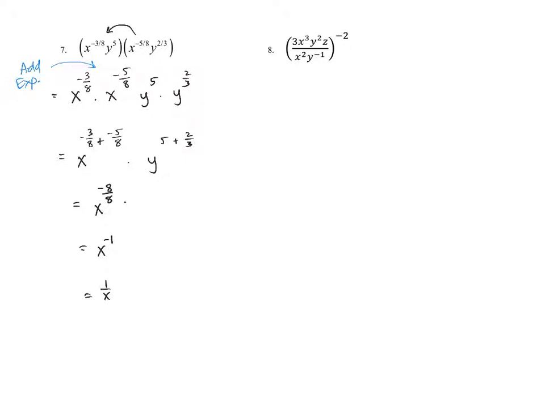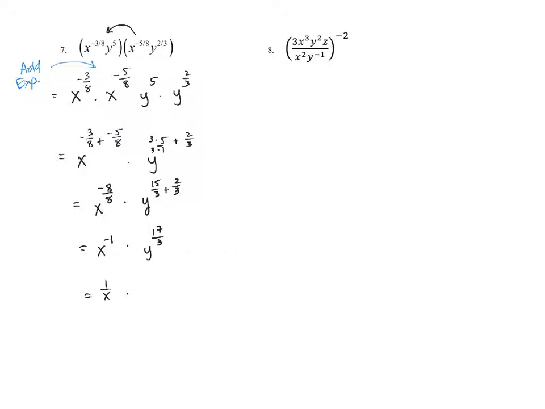All right, and then that's being multiplied by, let's see, we need a common denominator. So I give my 5 a denominator of 1, and then I want a common denominator, which I'm going to make 3. Whatever you do to the denominator, you have to do to the numerator as well. So it would be y to the 15/3 plus 2/3. And now I get to just combine numerators. So it would be 15 plus 2 is 17.